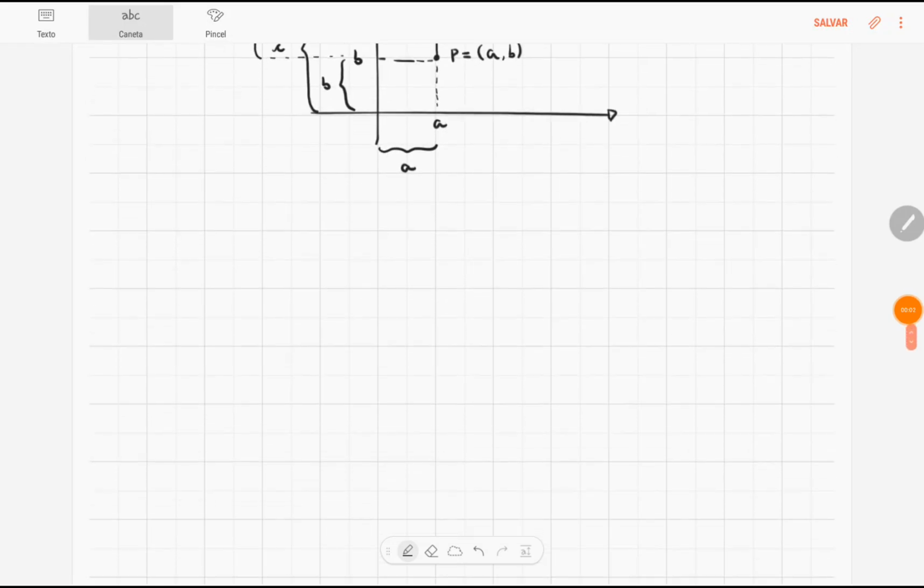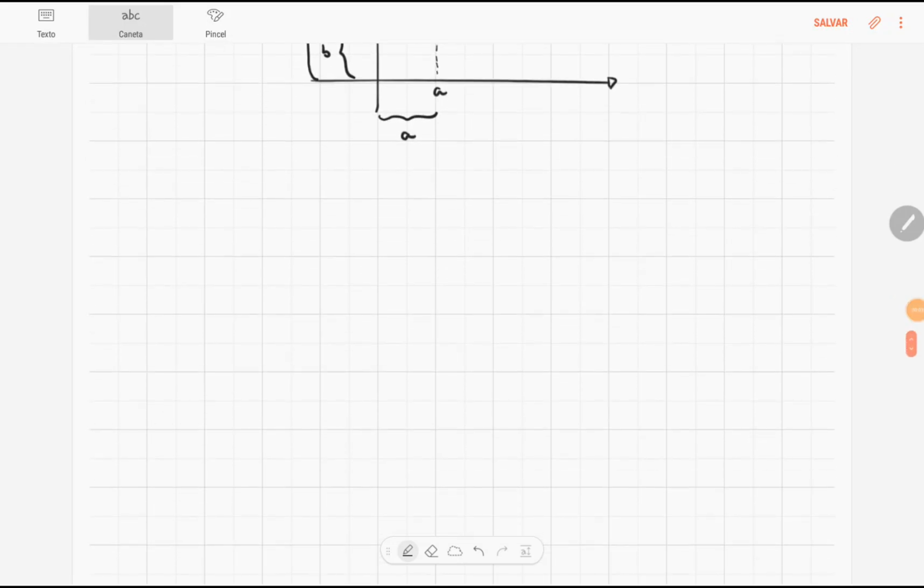Now let's refer to another number plane, and let's consider 2 points that have different abscissas and different ordinates.